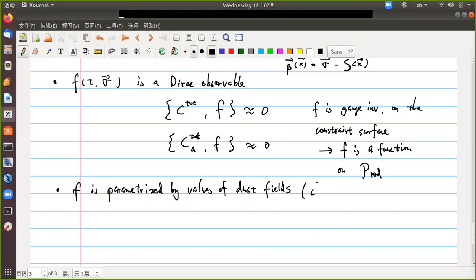They are called clock fields. I mean, they are clocks and rulers, but sometimes we just call them clock fields. These clock fields are T and S_j. And so we sometimes call them the dust reference frame.